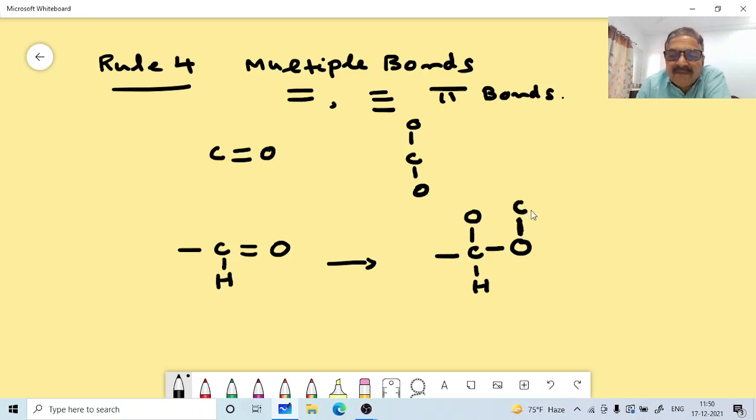Correct? Like this we will have to put it. So this is the oxygen here. This oxygen we will have to see is bonded to two carbon atoms here. One carbon is here and another carbon is here.